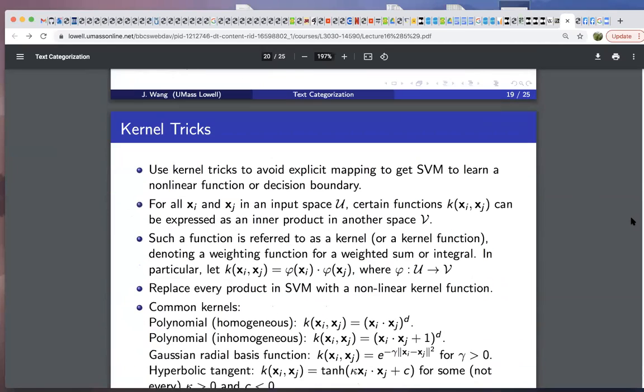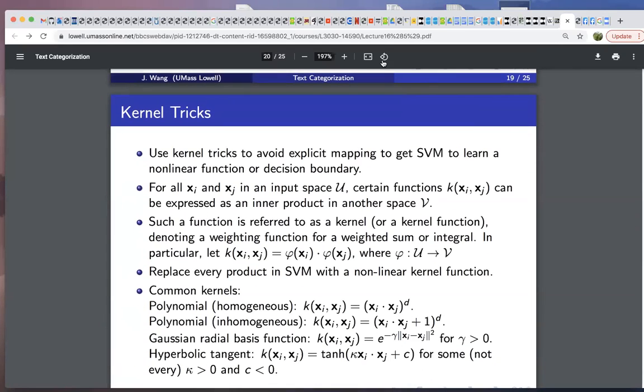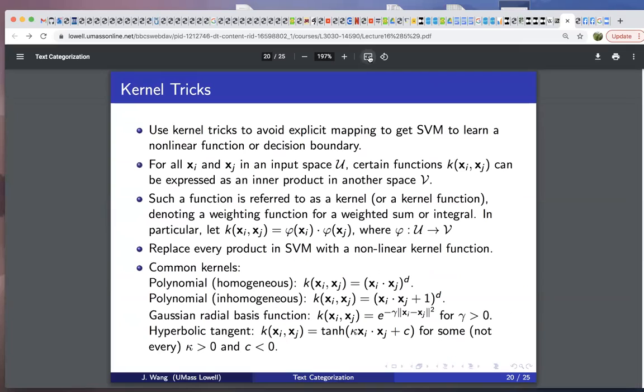So now let's look at what a kernel trick is. We can use a kernel trick to avoid explicit mapping, because we know that we can do a mapping, but we just want to do it automatically. So we try to avoid explicit mapping by hand to get the SVM to learn a nonlinear function of the decision boundary.